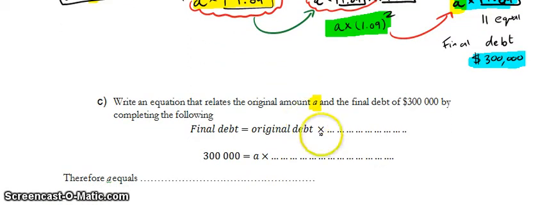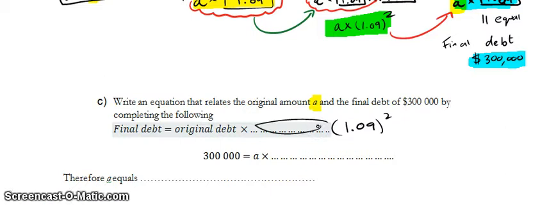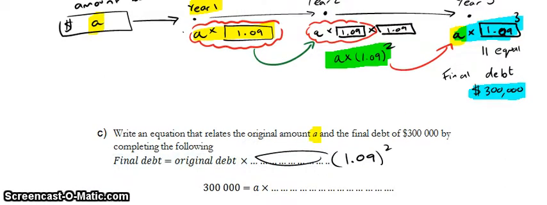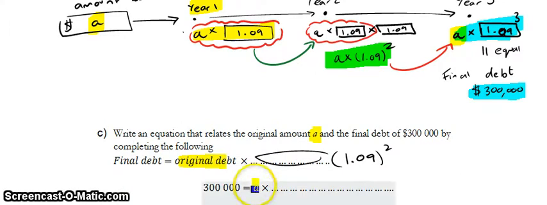The final debt is the original debt times 1.09 squared, that should be there, and we called our original amount A. Sorry, formatting's being a bit funny.